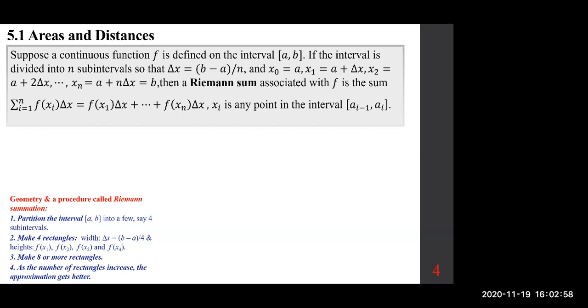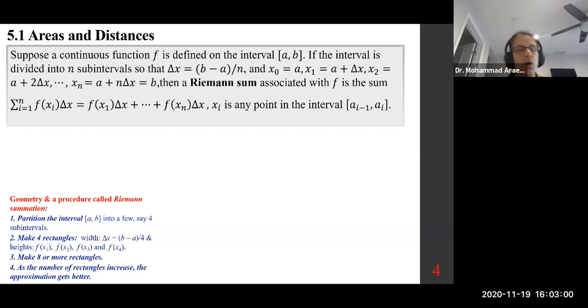Then the height for each piece is f of x sub 1, f of x sub 2, all the way to f of x sub 4. If we go with 8 rectangles or more, the same thing happens, and delta x is b minus a over 8 or more. As the number of rectangles increases, the approximation gets better. This is the synopsis of what the Riemann sum is all about.